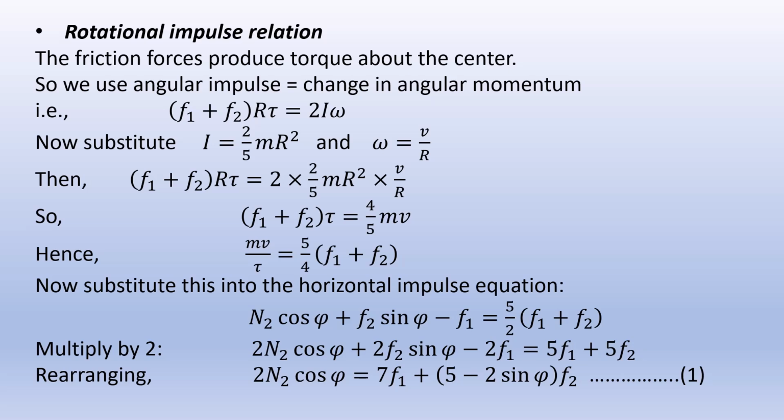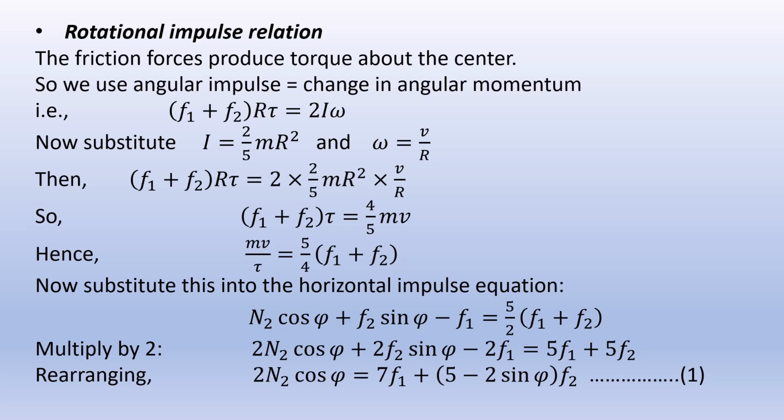Now we substitute this into the horizontal impulse equation which we obtained earlier. So we get N2 cos phi plus F2 sin phi minus F1 is equal to 5 upon 2 times (F1 plus F2).